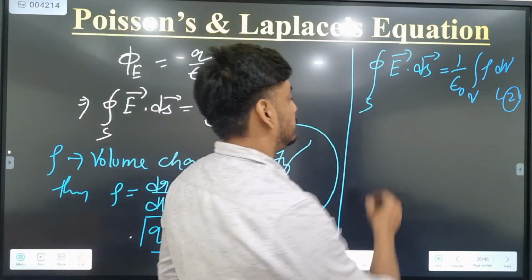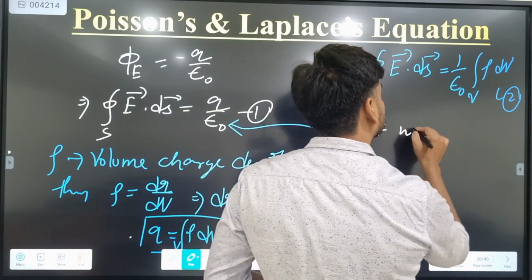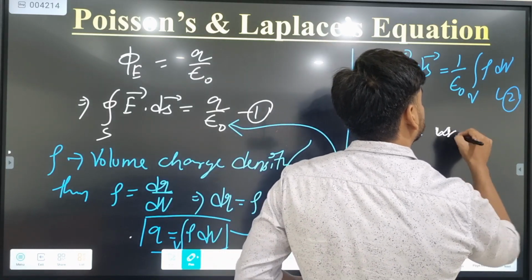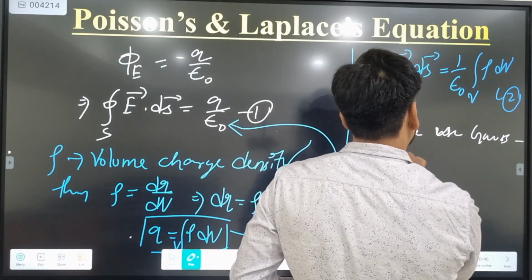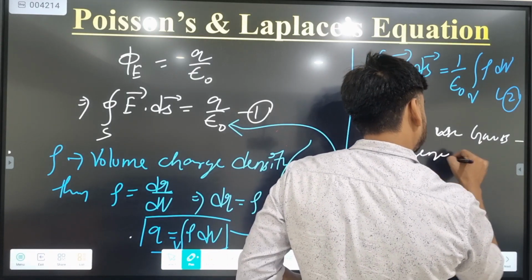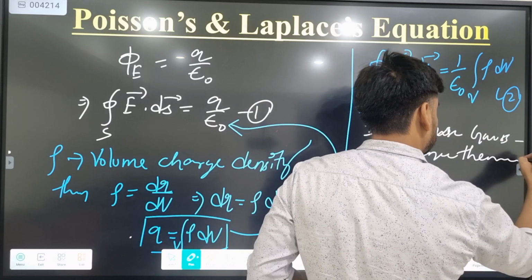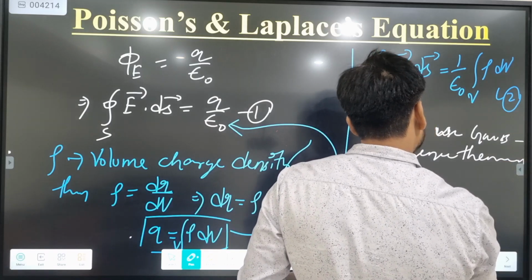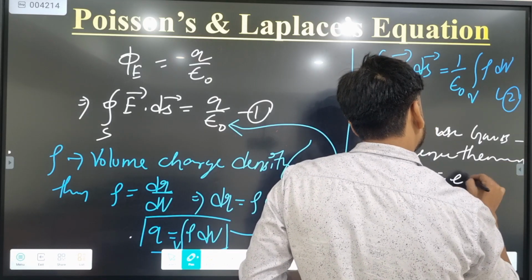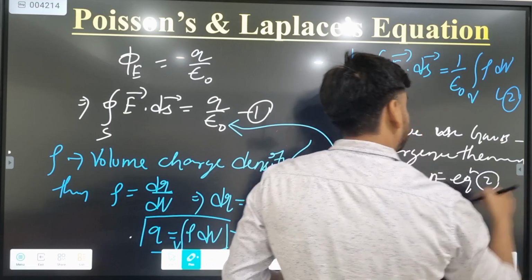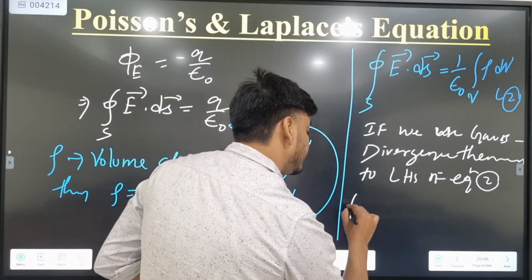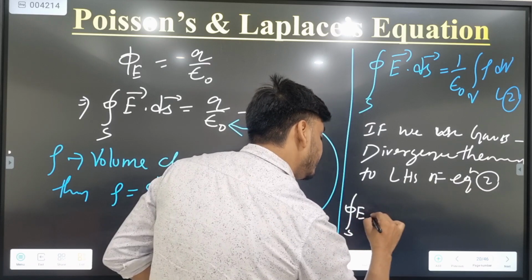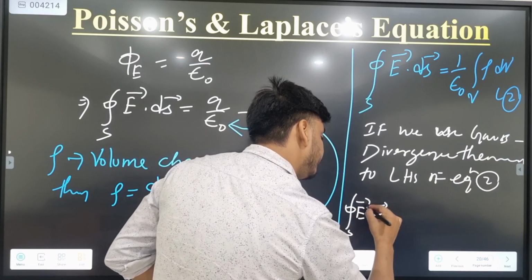So if we use Gauss divergence theorem on the LHS of equation 2, which is E dot ds.